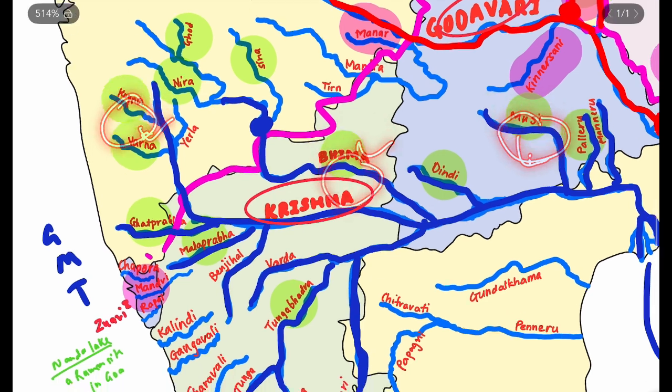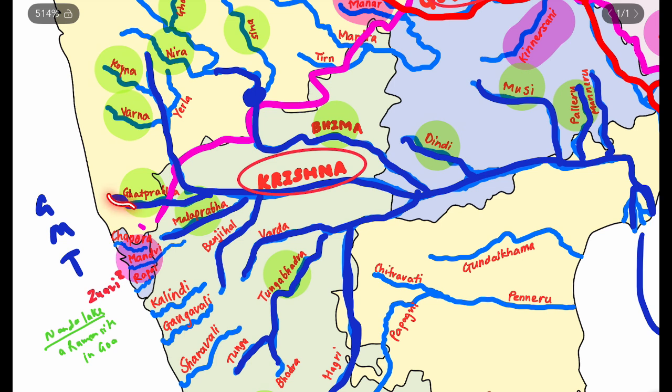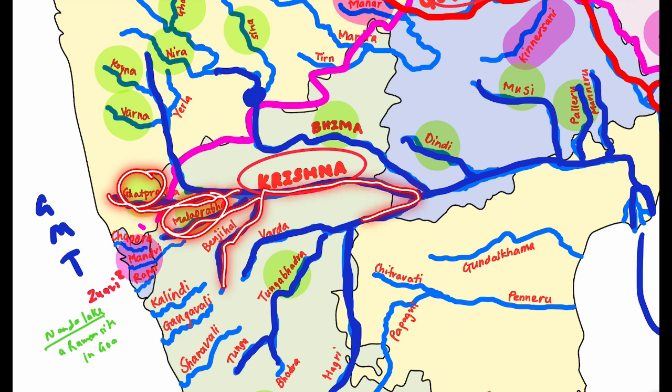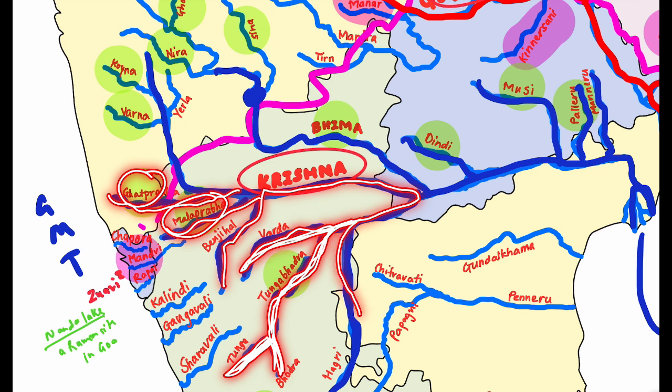Then right bank tributaries, these Ghatprabha, Malprabha, Benjial, not that important. All this flows here, Vardha, Tungabhadra. Tungabhadra is made from Tunga and Bhadra. These are two rivers which are known by the name Tunga and Bhadra, which meet and make Tungabhadra. So, very much important river for ancient and medieval history. Then Hagri River, all this drains into Bay of Bengal.